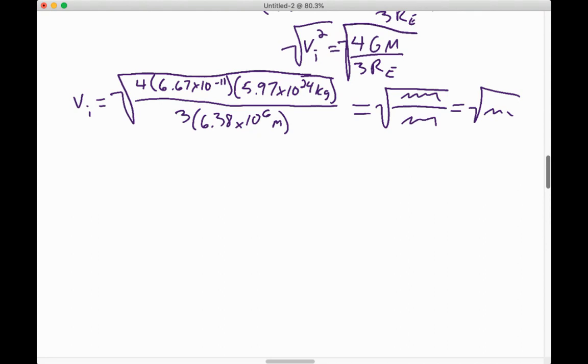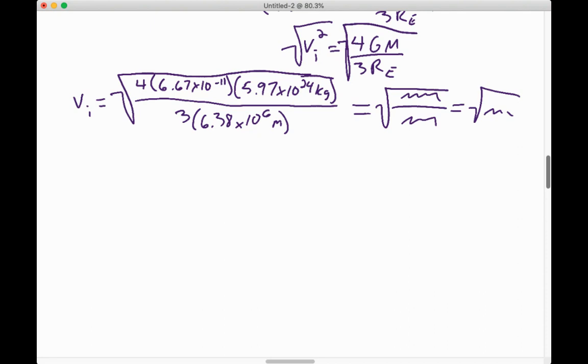So 4 times 6.67 EE minus 11 times 5.97 EE 24. And now I'm going to hit enter, which is actually optional. Then I'm going to hit divide by 3, and then divide by 6.38 EE6.